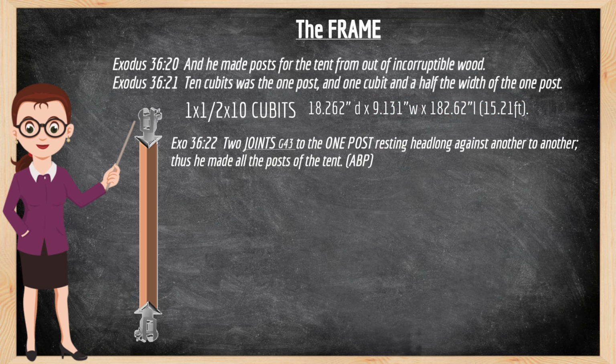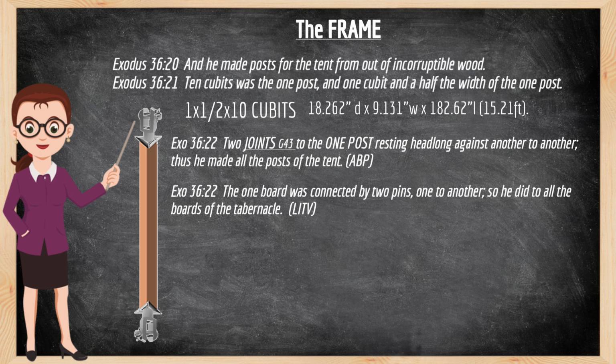Exodus 36:22. 2 joints for the one post, resting headlong against another to another. Thus he made all the posts of the tent. That's from the Apostolic Bible Polyglot. And from the literal version, it says, the one board was connected by 2 pins to another.